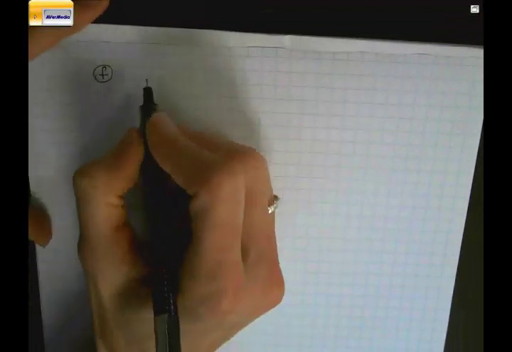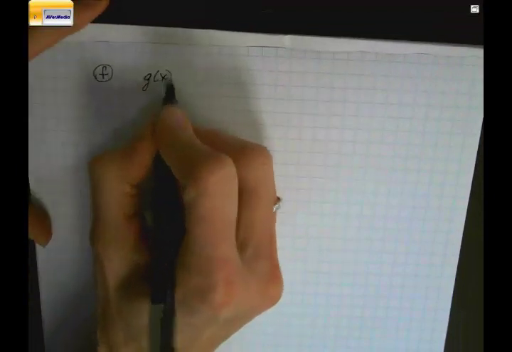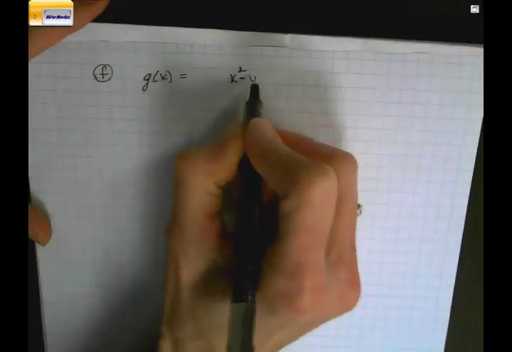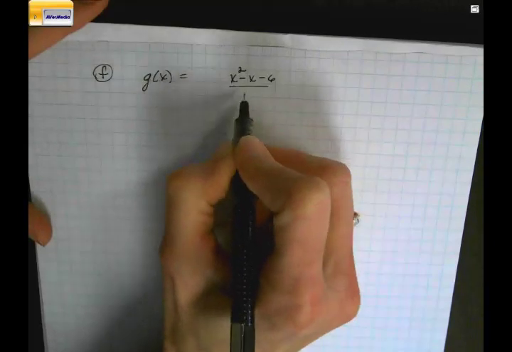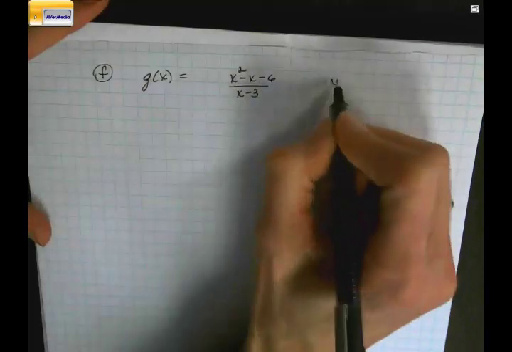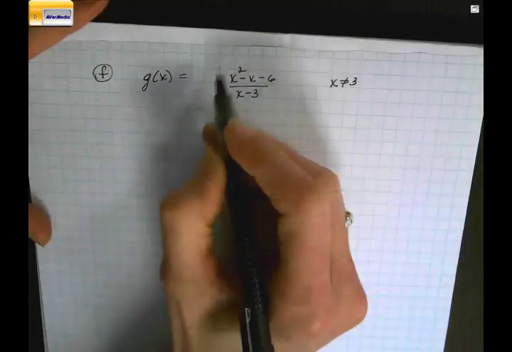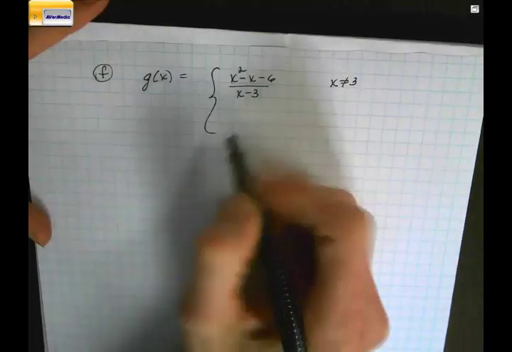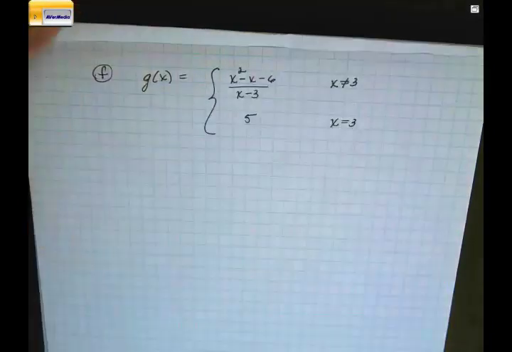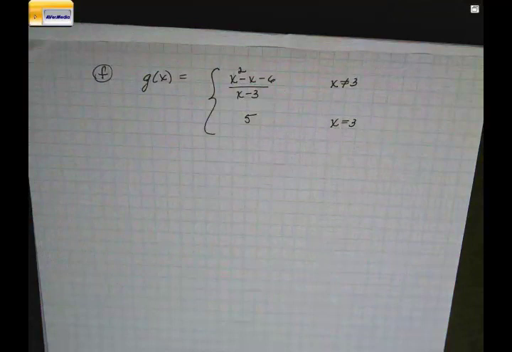Okay, suppose we have g of x equaling piecewise. It equals x squared minus x minus 6 over x minus 3 when x does not equal 3, everywhere but where x equals 3. And then it just happens to equal 5 when x does equal 3. So I wonder what in the world this thing looks like.